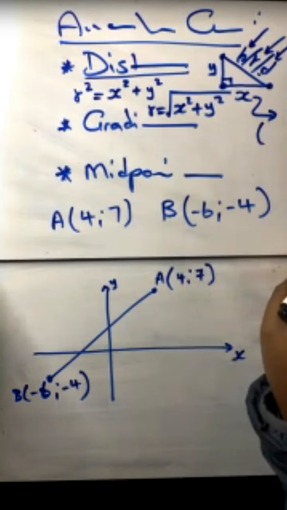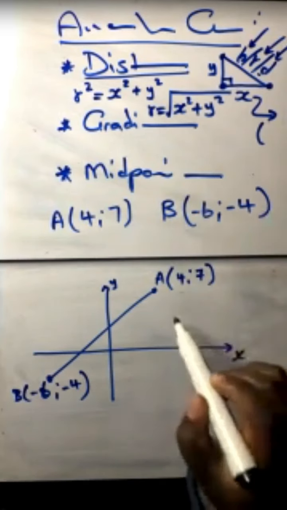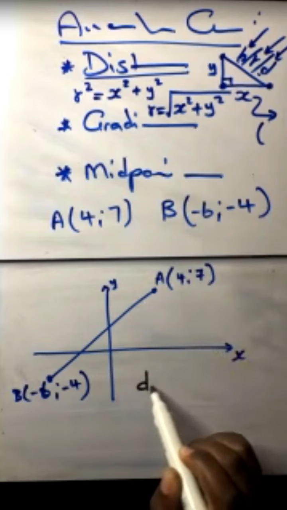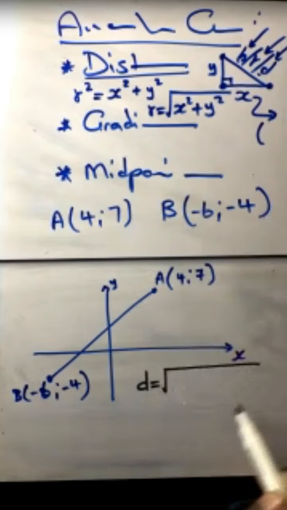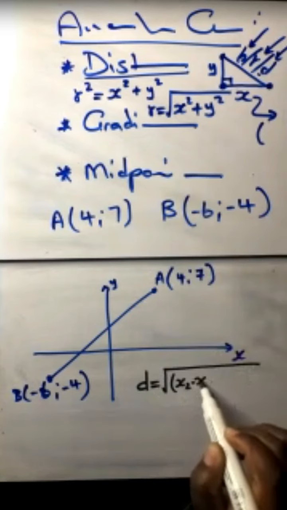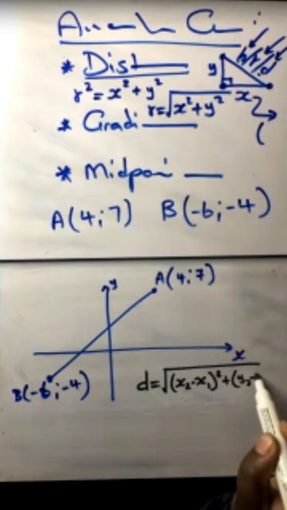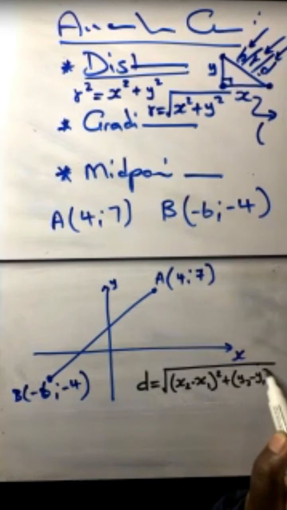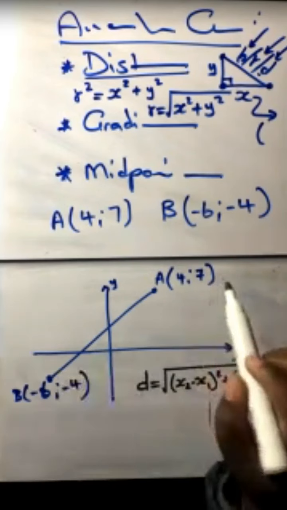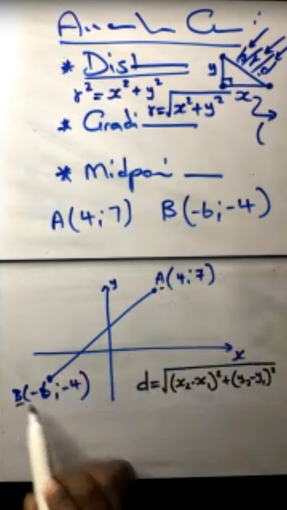This is the distance formula: D is equal to the square root of (x2 minus x1) squared plus (y2 minus y1) squared. So we've got two values, A and B.